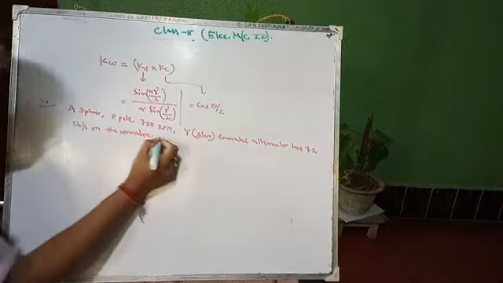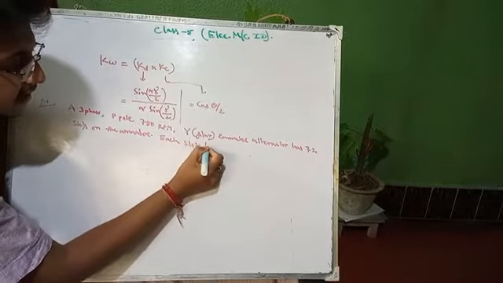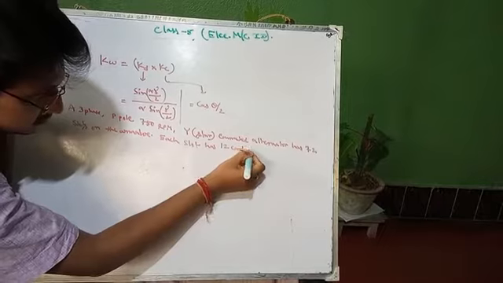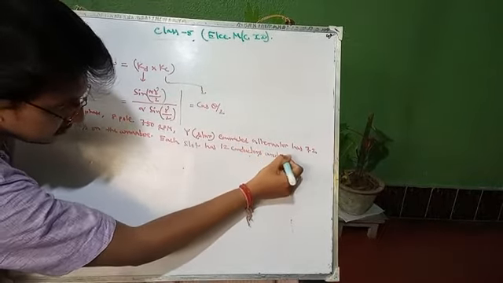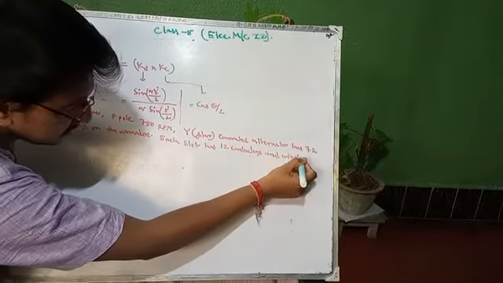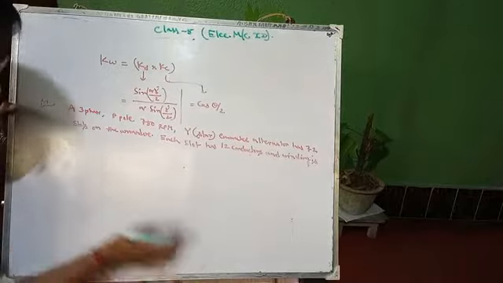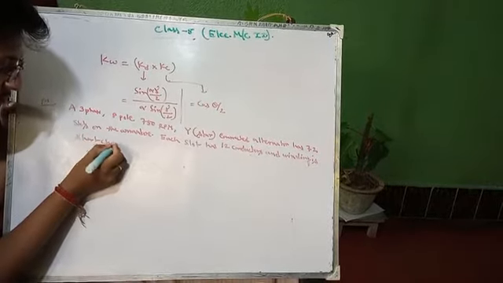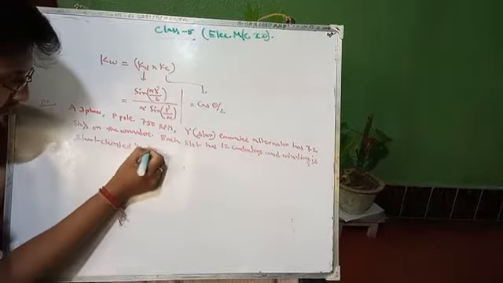Each slot has 12 conductors, and the winding is short chorded by 2 slots.